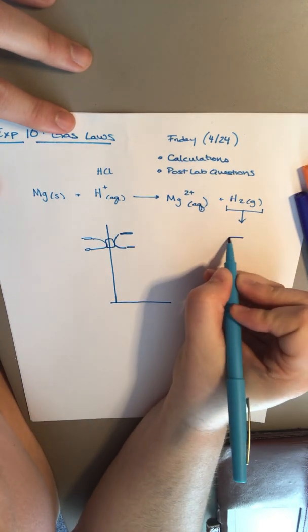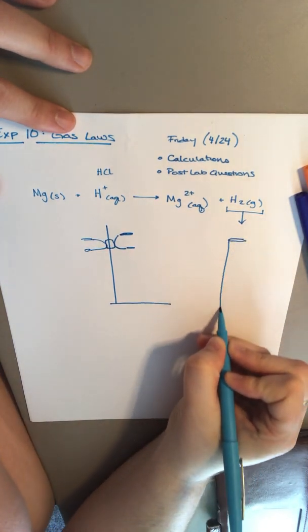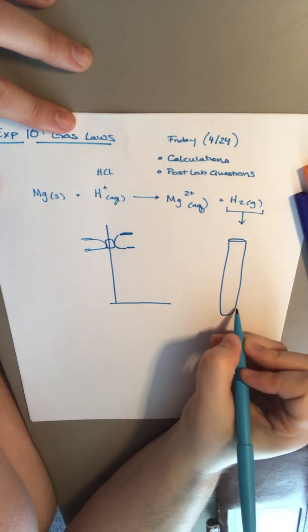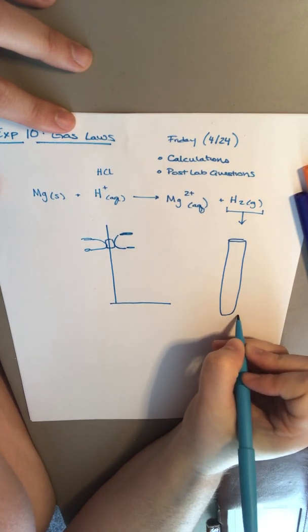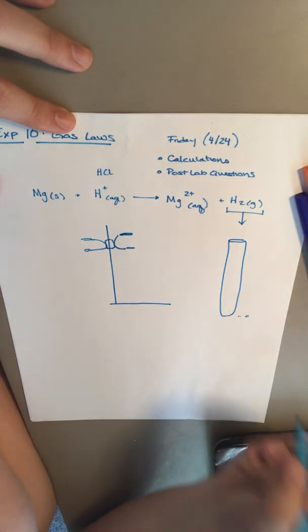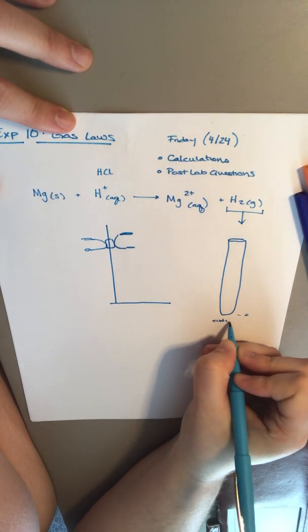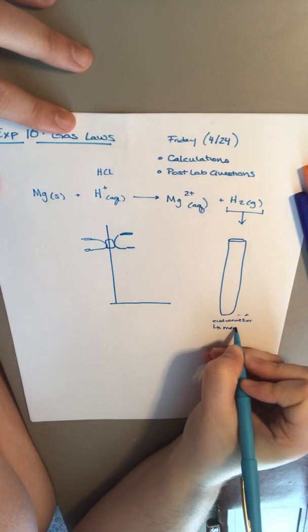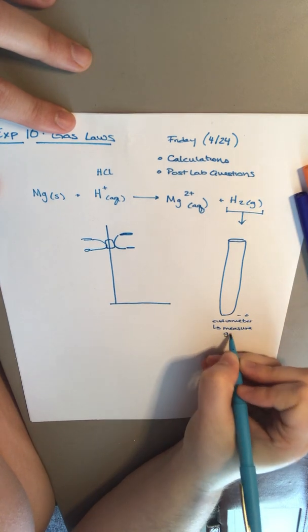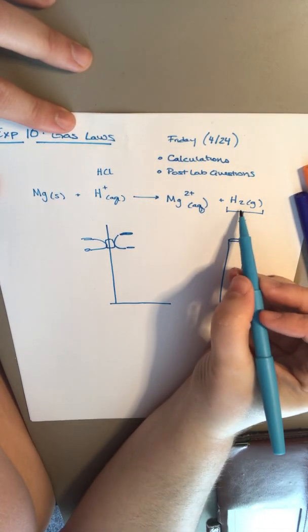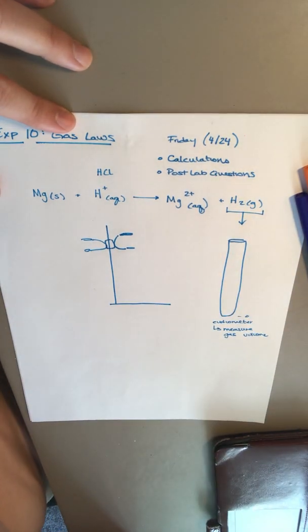Now, a eudiometer kind of looks like a big old test tube, but it's measured with 0 being here, and then it increases in volume here. The reason that we're doing this is that a eudiometer allows us to measure a gas volume, such as our hydrogen gas in this particular experiment.